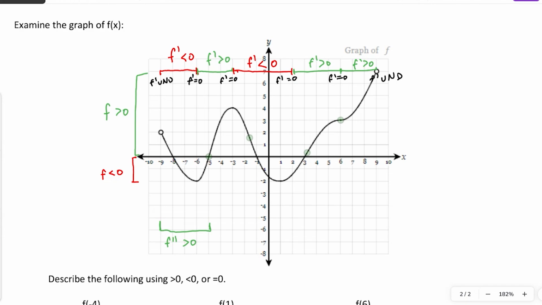If the function's concave down, so here, maybe I can highlight this to really send the point here. So that's where it's concave up. It's going to be concave down here.